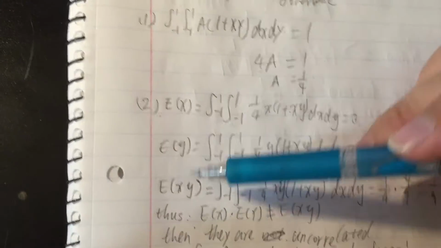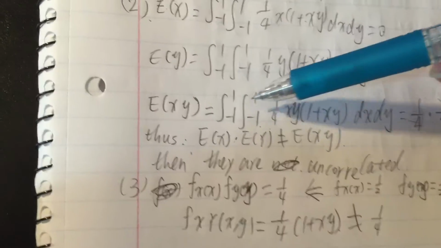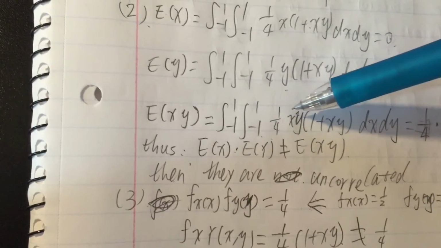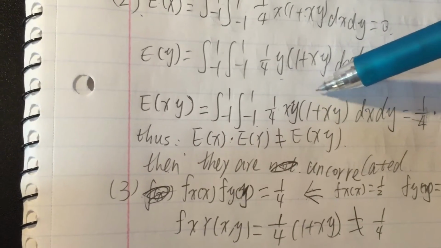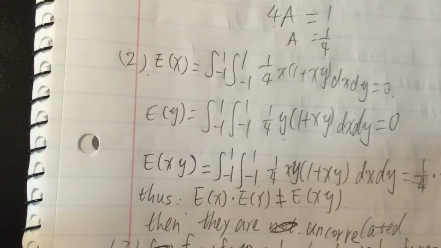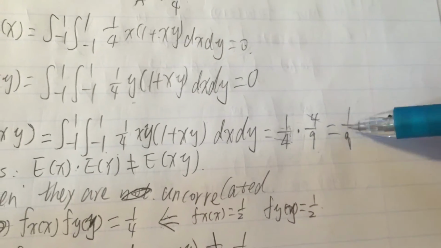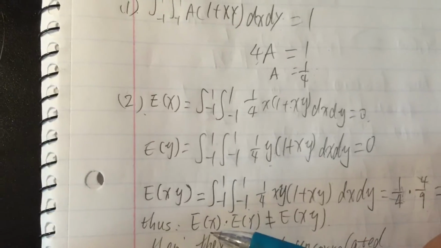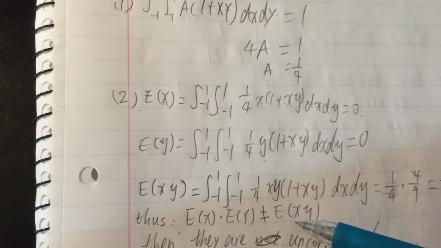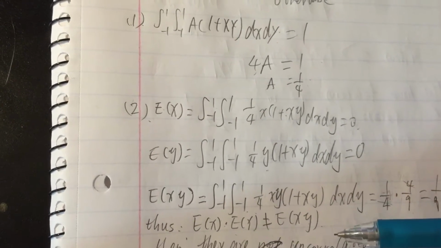And for the expectation of x times y, we integrate from -1 to 1 and from -1 to 1 a times x times y times (1 plus x times y) dx dy, which is a times 4 over 9, equal to 1 over 9. Thus we can tell E[X] times E[Y] is not equal to E[XY], which means they are not uncorrelated.